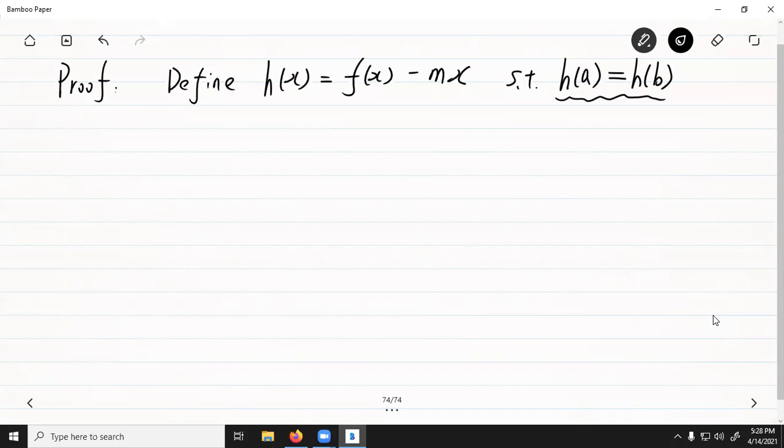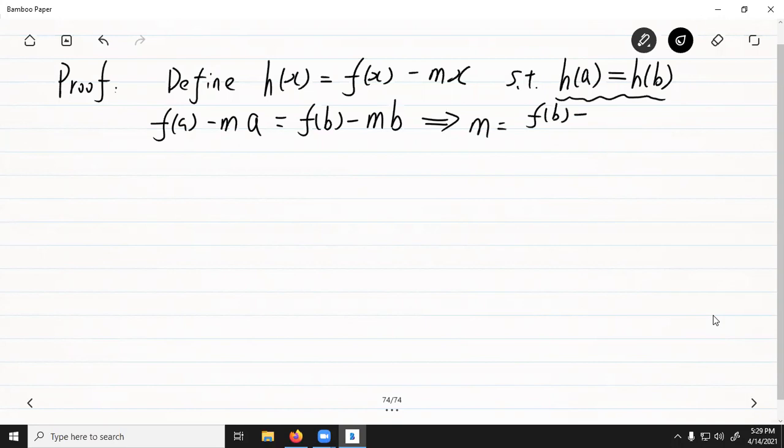Okay, so f of a minus m times a should be equal to f of b minus m times b, right? Then you solve for m, so m should be equal to f of b minus f of a over b minus a.